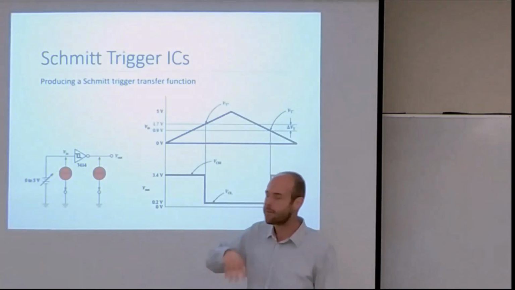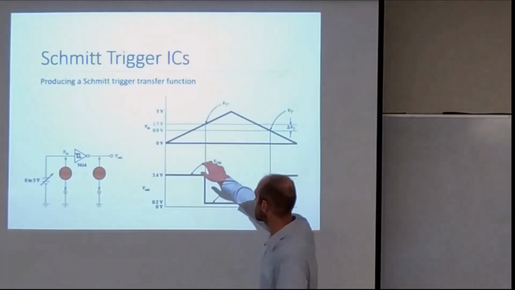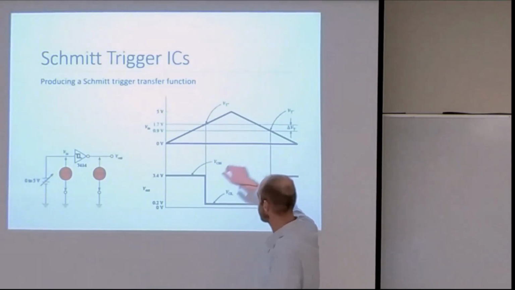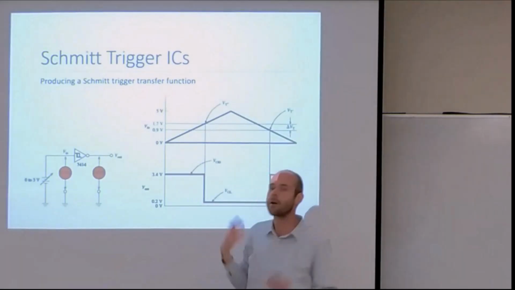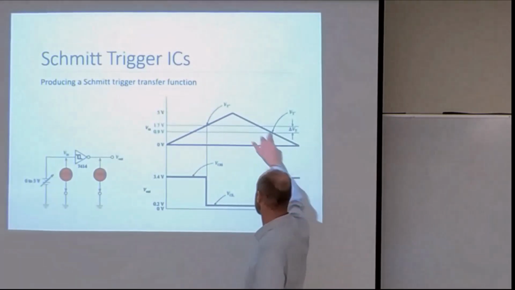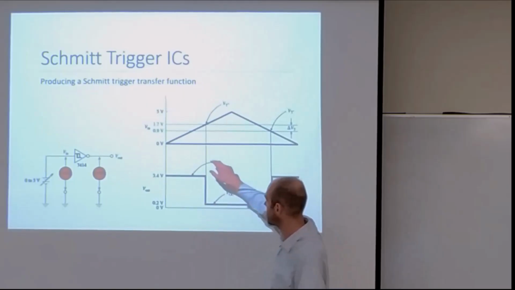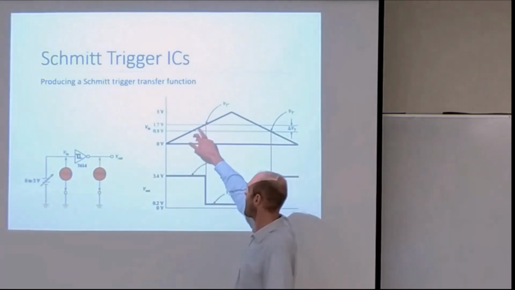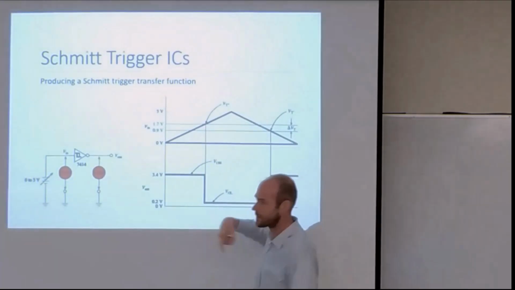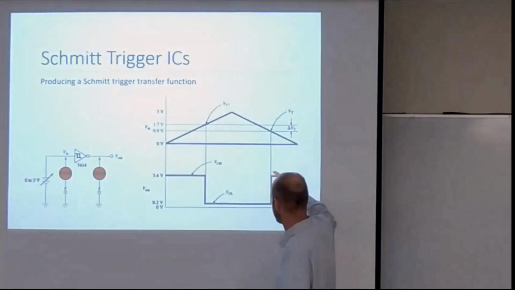Rather than looking at the transfer function, if you look at V out over time, given a triangular wave, you can experimentally map out the thresholds just by looking at when your device transitions, either at its high point, which triggers the output to invert, or at its low point, which inverts the output to high.